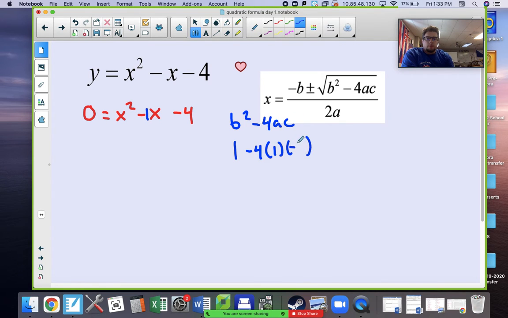Write that a little bit better. Negative 4 times 1 is negative 4 times negative 4 is positive 16 plus 1 gives us 17. So we're able to use our quadratic formula after all.